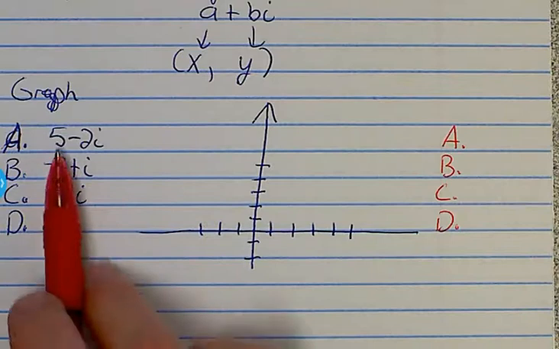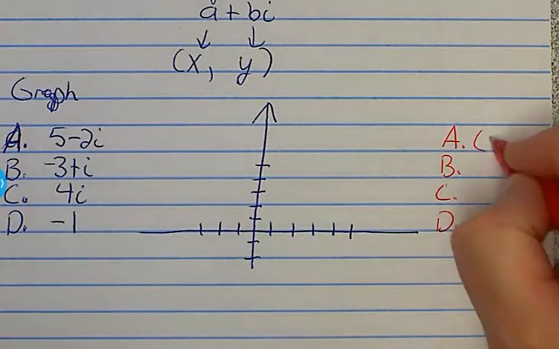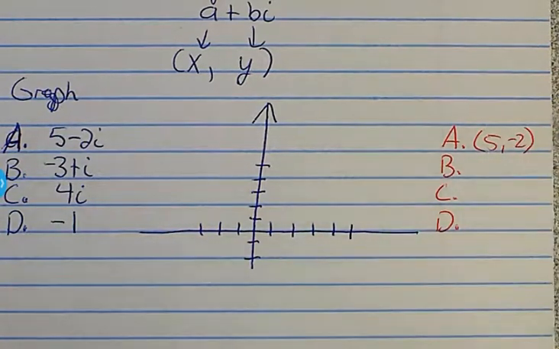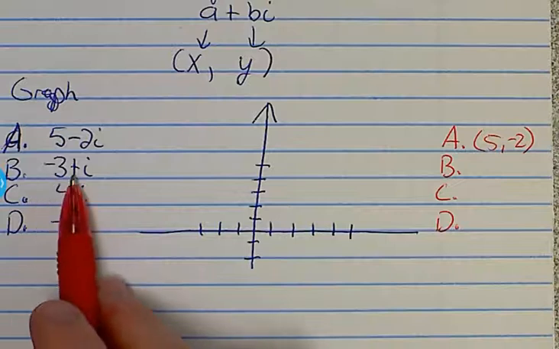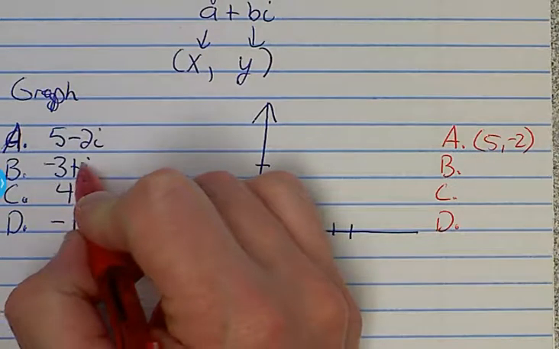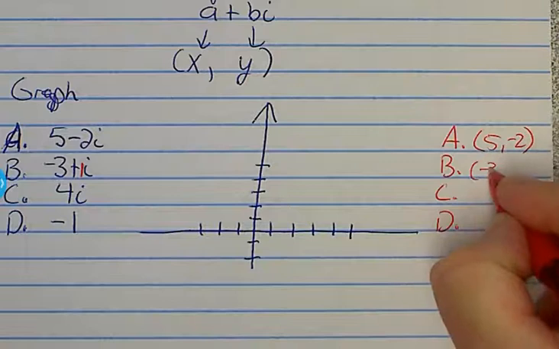Okay, so the first one, it's 5 minus 2I. Well, that's your 2 numbers. It's 5, and it's negative 2. For the second one, we've got negative 3 plus I. And remember, you can basically put a 1 in front of that, so that's going to be the ordered pair at negative 3, 1.